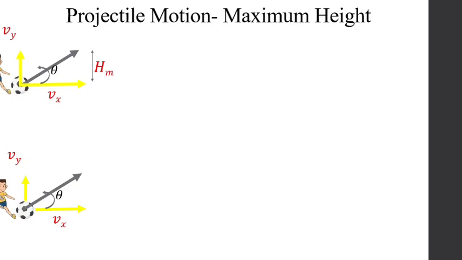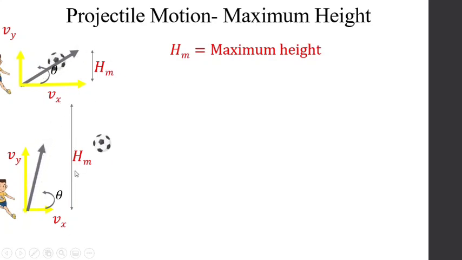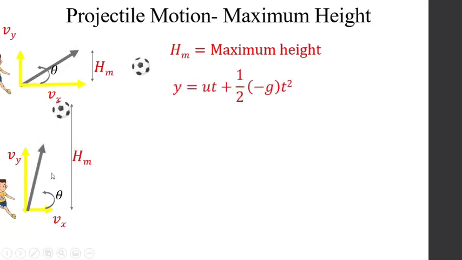Now let us find the formula for maximum height. When we calculate maximum height, again it depends on the vertical component of the velocity, and finding vertical distance is as good as finding the displacement in the vertical direction. So by using the equation of motion for this vertical displacement, we can write y equals ut plus half of minus g t square.